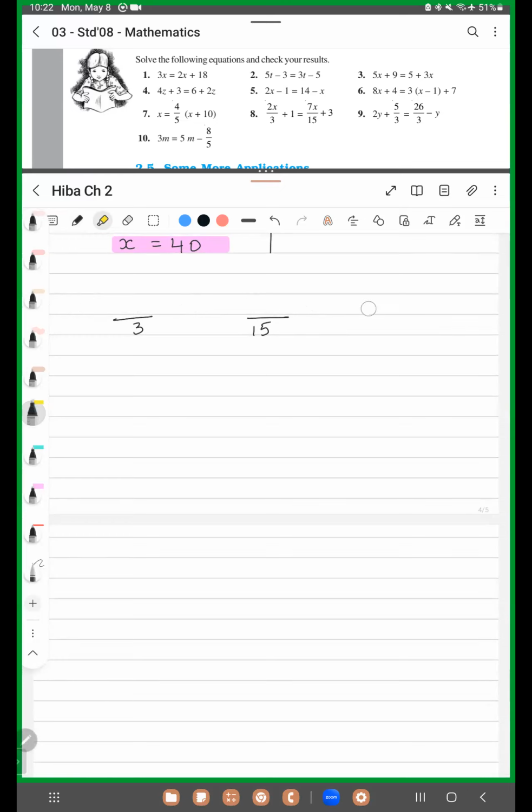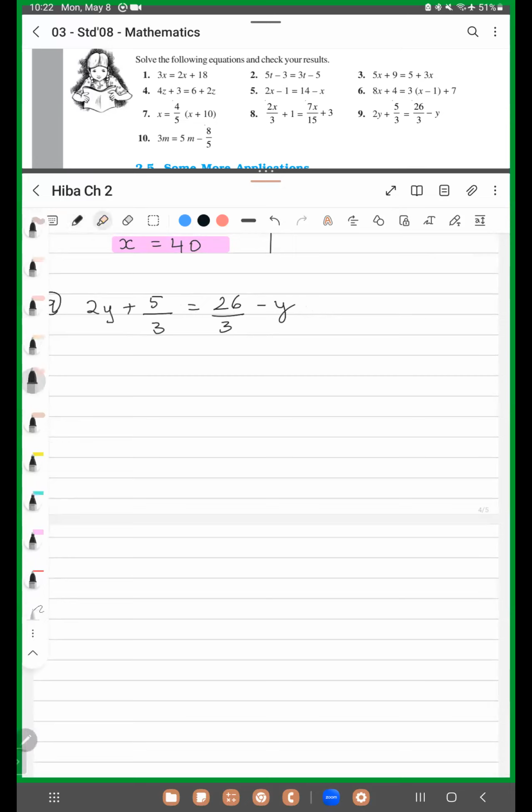Okay, 9th one. 2y plus 5/3 equals 26/3 minus y. What did you not understand in this one? It's very similar to the previous one, but there is minus y.